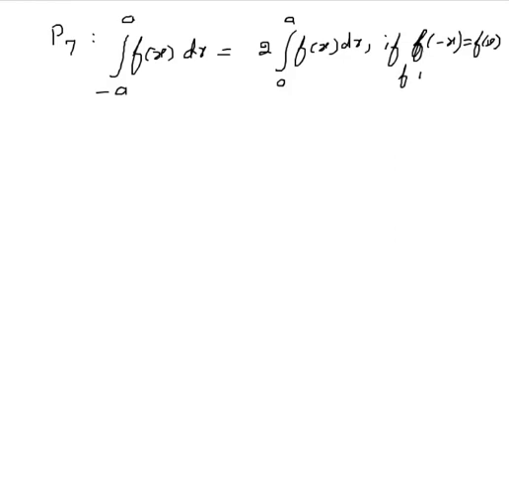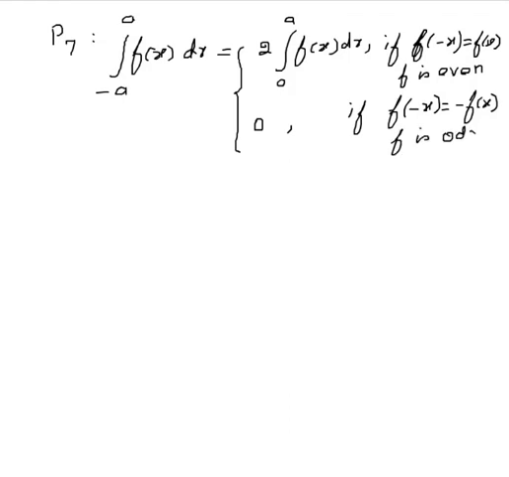That is, f is an even function. Or it becomes 0 if f of minus x is equal to minus f of x. That is, f is an odd function.